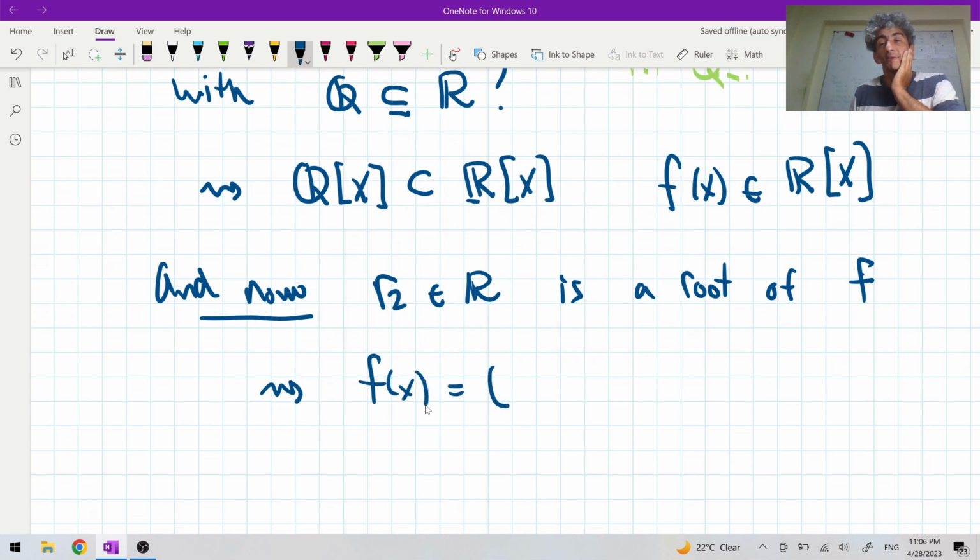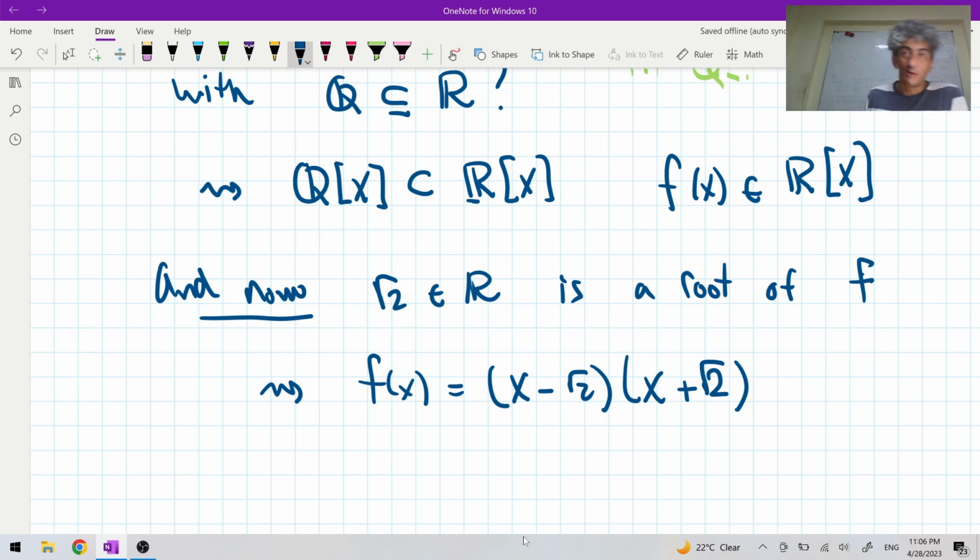As a matter of fact, it can be seen that we can write this factorization for f. And now these two polynomials belong to R of x.